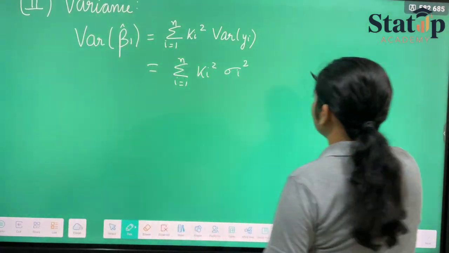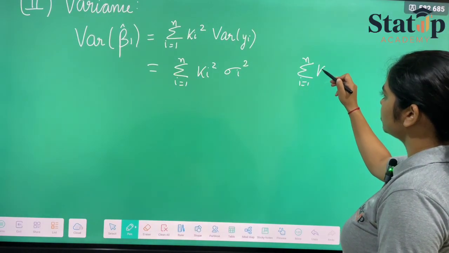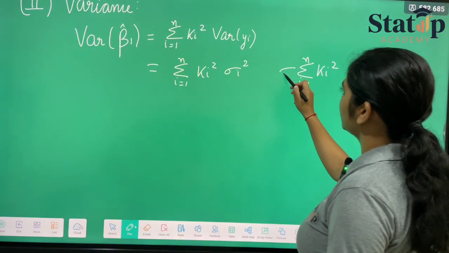And we know that in the simple case, it is summation i goes from 1 to n ki square sigma square.